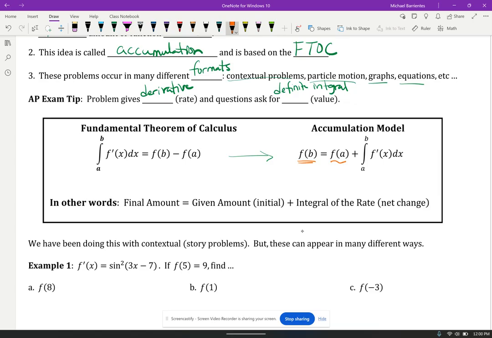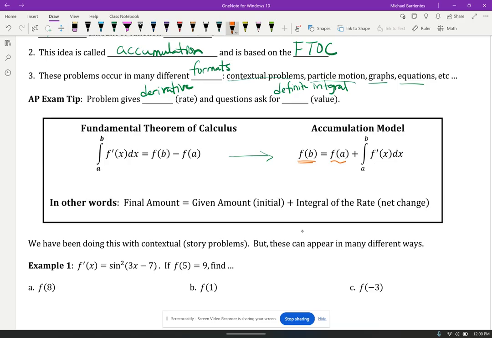Well, if this is going to find how much the original quantity has changed in this time period from A to B, and if I know how much was there at the beginning, then if I add it on, it's going to give me how much there is at the end. And so this setup is based off of the fundamental theorem, right? The fundamental theorem says the difference between the original function evaluated at the endpoints is a way to figure out the definite integral.